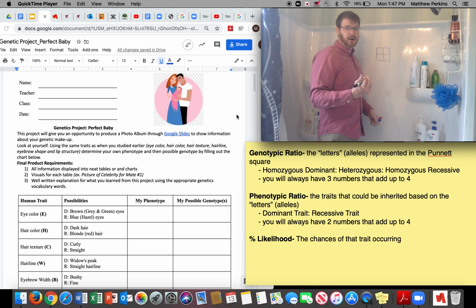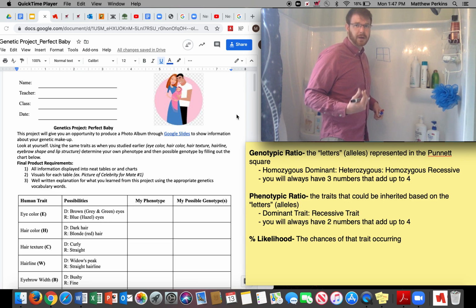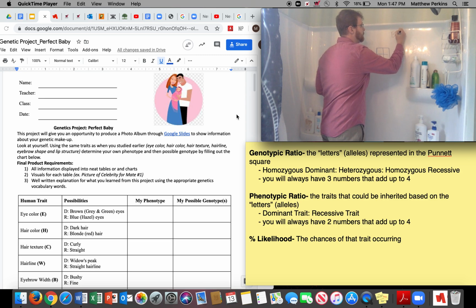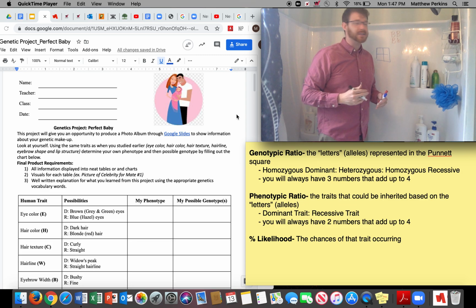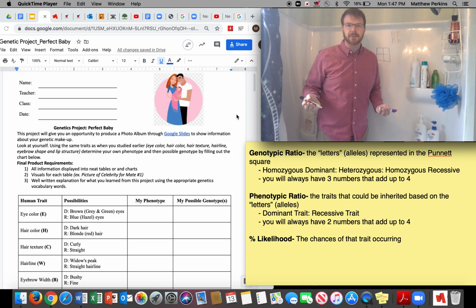So for these monohybrid crosses, my parents' genotypes, from their brown hair, which is their phenotype, could be capital B, capital B, or capital B, lowercase b. Now, there's not a 100% chance that we can figure out which genotype they are because we can only see their phenotype.